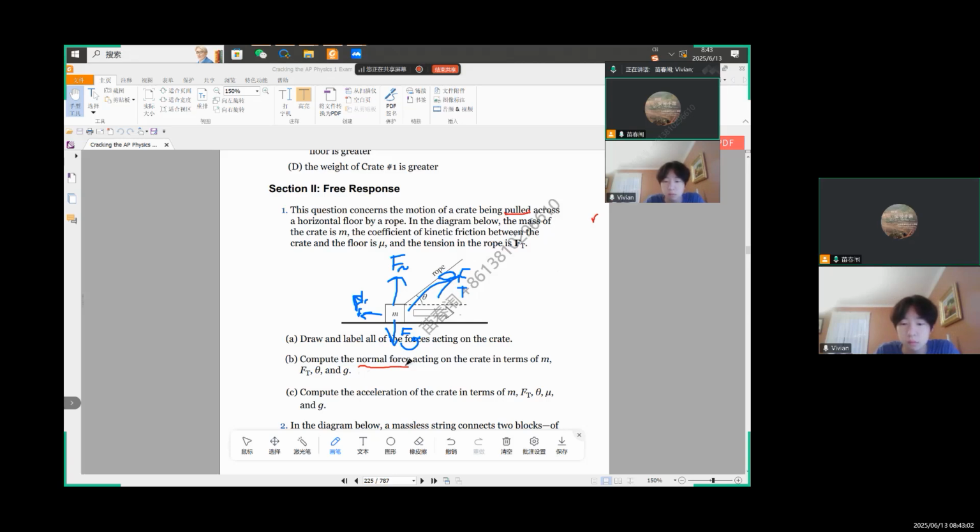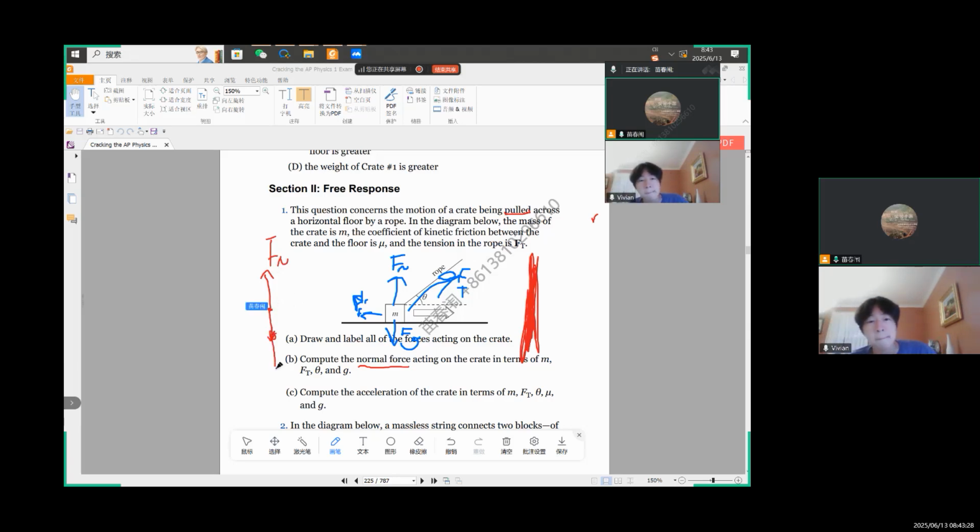But it's normally always done by Newton's first law, because in this direction it's not moving, right? You can move horizontally, but in this direction it's not moving. So Newton's first law always applies here. Does that make sense? Which means F normal and gravity.